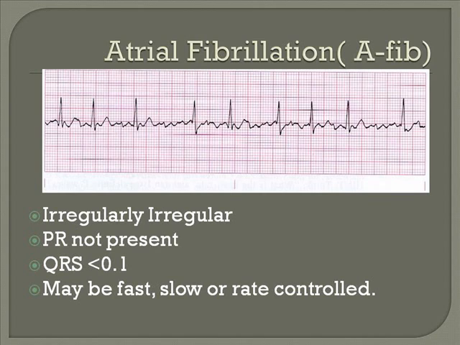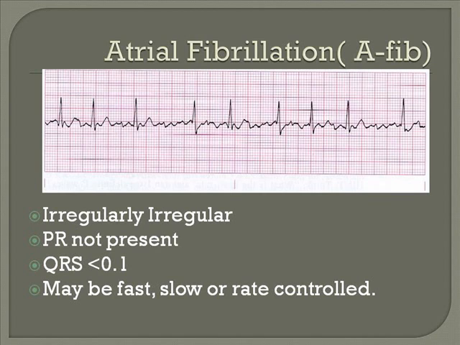Now, if we give them too much medication, that could cause their heart rate to go lower than 60 beats a minute. In that case, we would call it a slow AFib, in which case we need to notify the doctor that this person is having a low heart rate so that they can cut back on the medication they're prescribing for rate control.